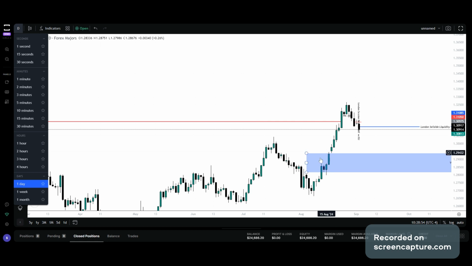I'm still keeping my risk low to crawl out of this drawdown. So I'm not taking big risk here. I just want to crawl my way out of drawdown. I don't need to run out of it. If I try to run out of drawdown, you dig yourself a hole faster that way. So slowly crawling out of it.